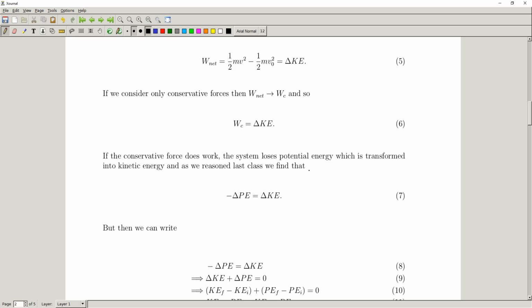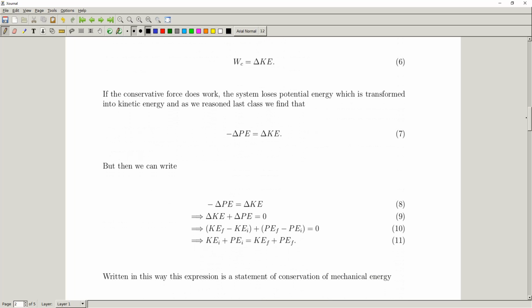Okay, and so let's start off from this point, and let's manipulate this equation a little bit. So we see it down here, and so I just move the potential energy over to the other side, and then kind of rearrange it, right? So we have the change in kinetic energy plus the change in potential energy is equal to 0. Which is not surprising given the equation above here, right?